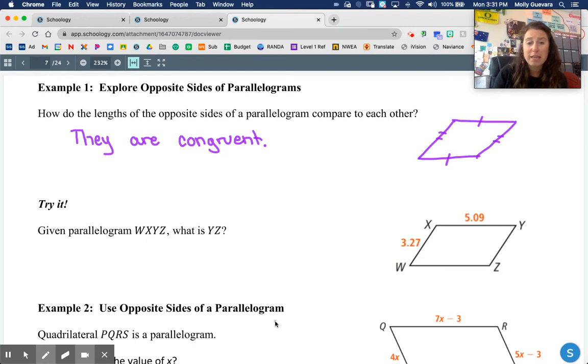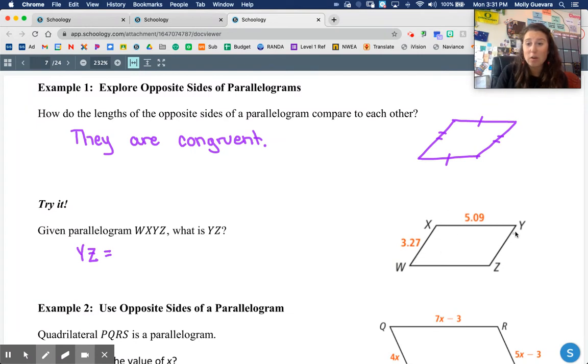So using that information, I want you to try this one. What is the length of YZ? If you need to pause the video, go ahead and pause it, and let's figure out what the length of YZ is. So hopefully you tried this, remembering that opposite sides are congruent.